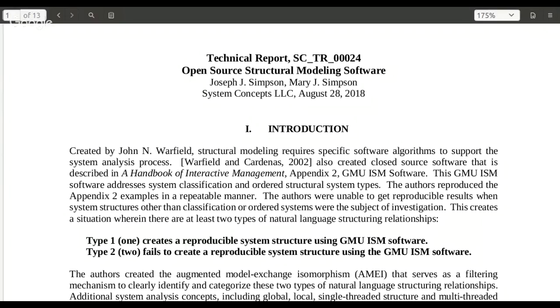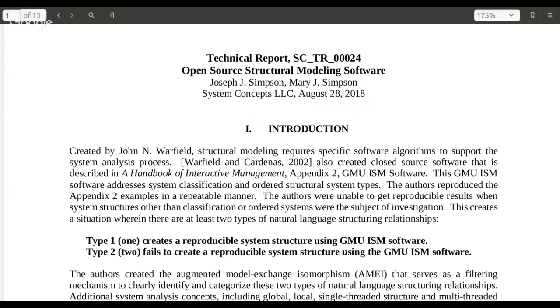We started looking at that, and we believed that one of the problems we ran into was that the natural language relationship being used may not give a strictly determinate outcome given the software function.